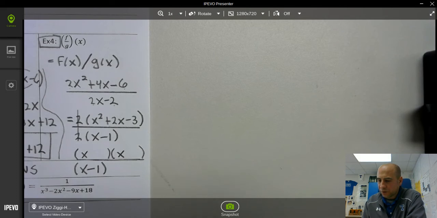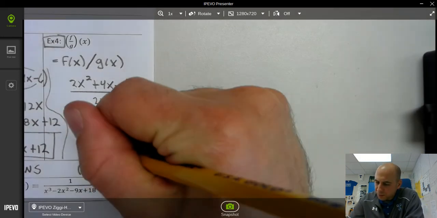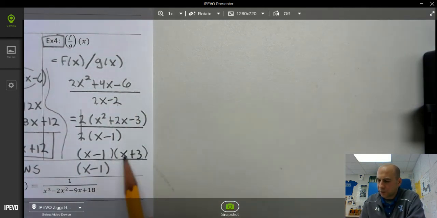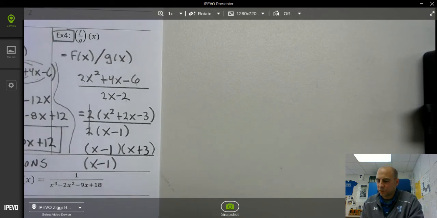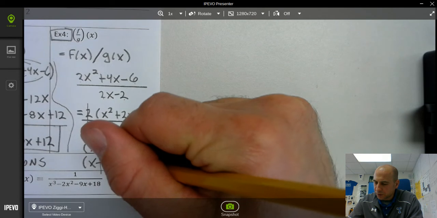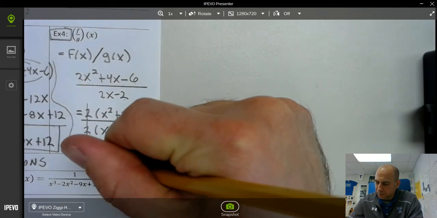If you want to pause and try to find those numbers, go ahead and do so. You should have gotten x minus 1 and x plus 3, because negative 1 times 3 is negative 3, and 3 minus 1 is 2. So you see here x minus 1 divided by x minus 1, so we're left with x plus 3.